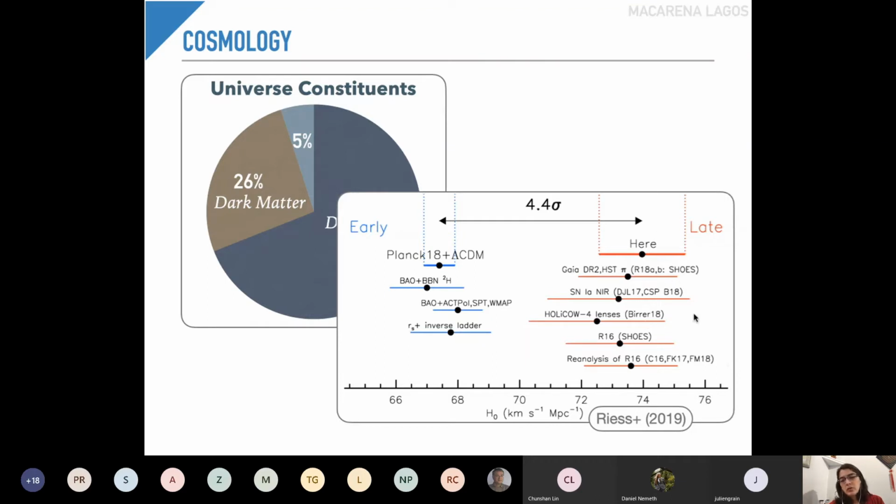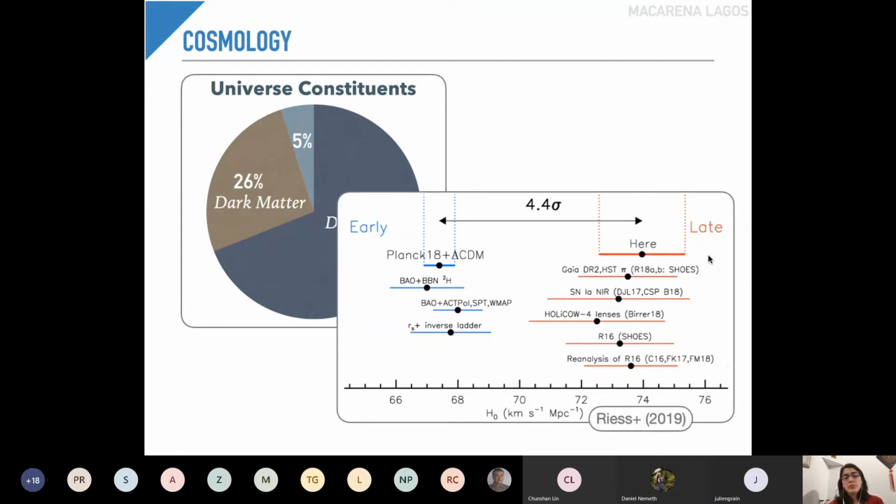The red ones come from local observations of the nearby universe, and the blue ones come from cosmological observations that usually make assumptions about the entire history of the universe. These two classes of constraints are in tension with each other, and the amount of tension can be quantified between 4 and even 6 sigma, depending on the particular data set that you pick.